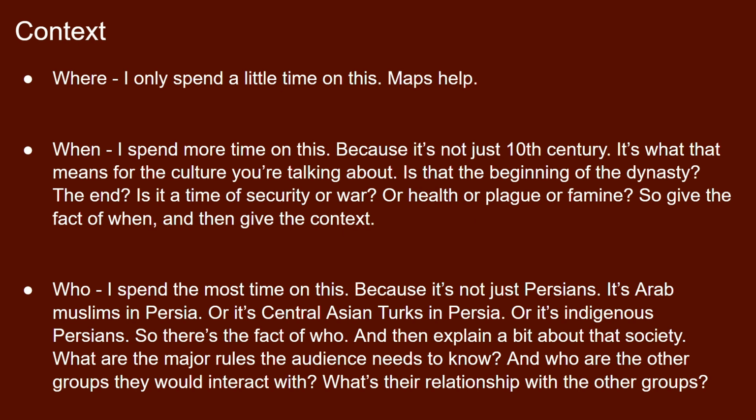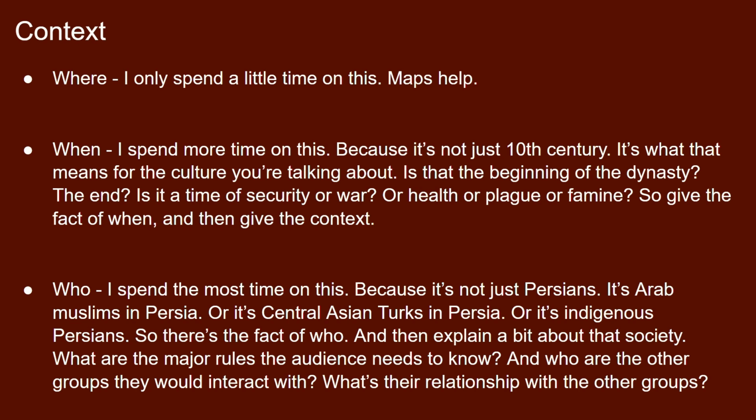So there's the fact of which group we're going to focus on, but kind of like saying 10th century, just saying Arab Muslims in Persia doesn't mean a whole lot. So I give a sentence or two about the society: what are the major rules that the audience needs to know about how this society functioned, who are the other groups they're interacting with, and what are those relationships like.